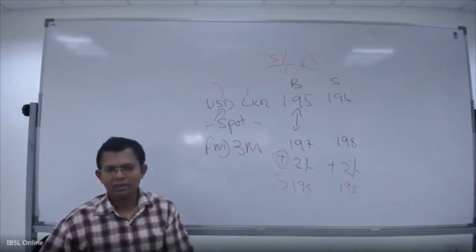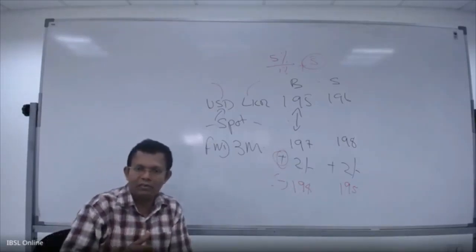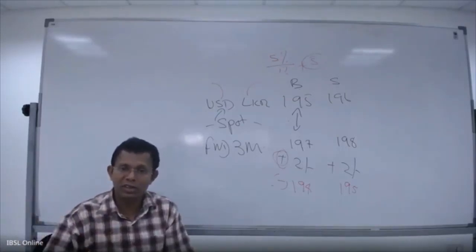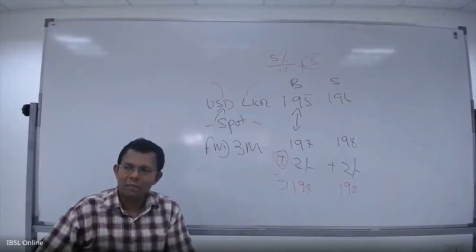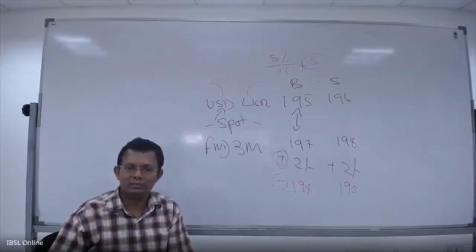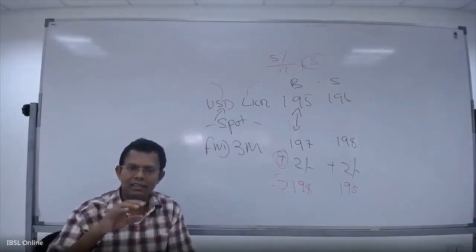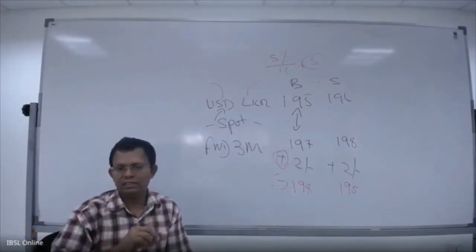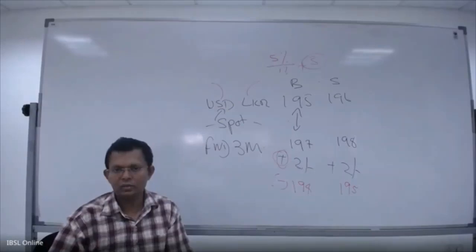So you have a different view, and the other guy has a completely different view. That's why anything you want to sell, somebody is there to buy. So you need to convert fixed into floating, and floating into fixed. That is the IRS, the interest rate swap.